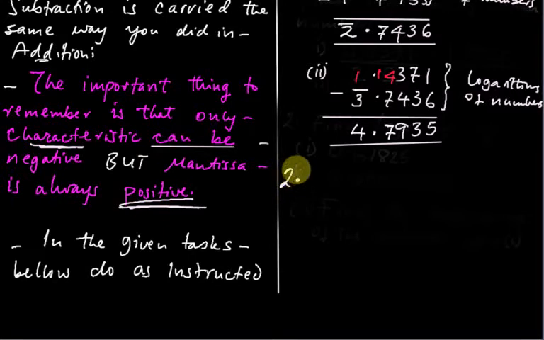Question number 2 was about finding the logarithms of certain numbers, and then finding the difference of answer number 2 to answer number 1.